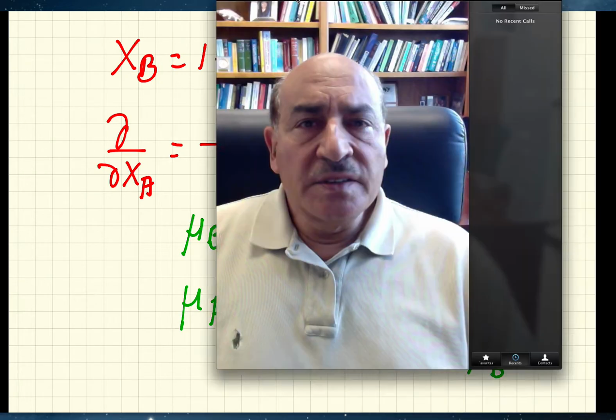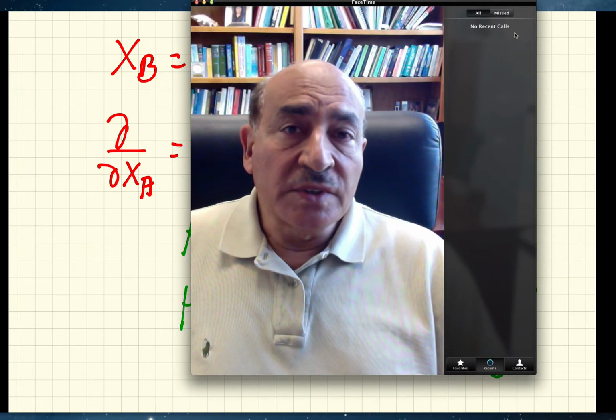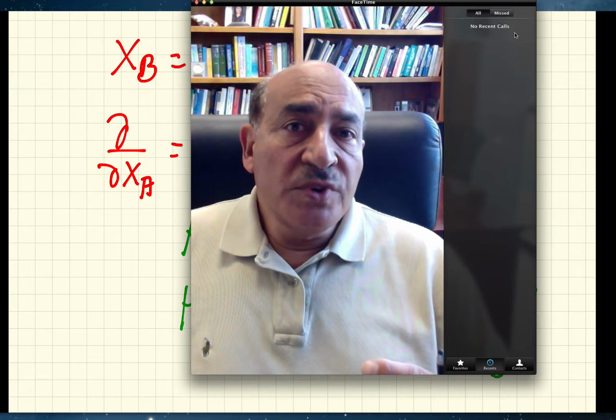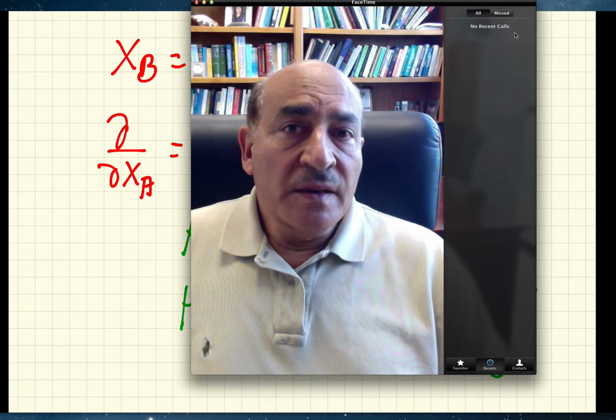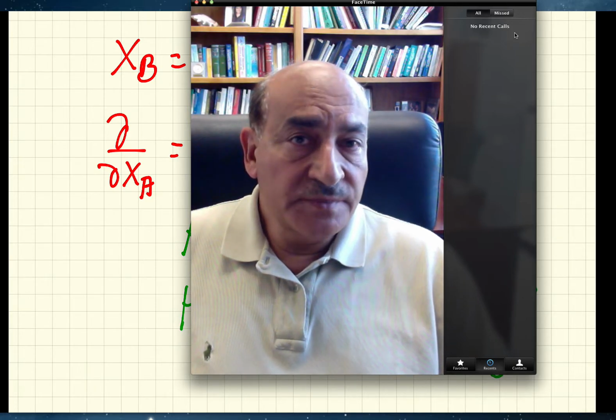We have, as you can see now, two equations, one for the chemical potential of element A and one for the chemical potential of element B. And these two equations have to be written for phase alpha and for phase beta.